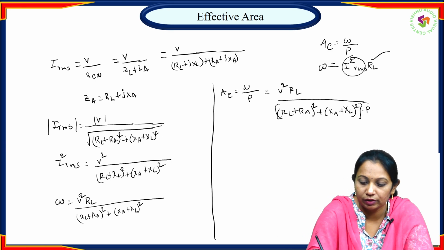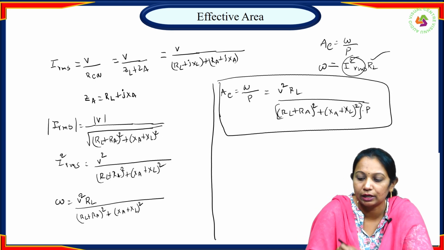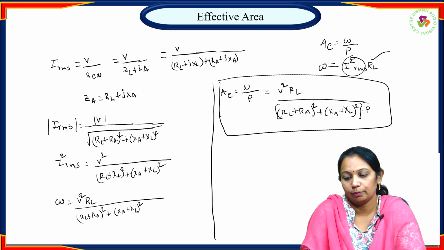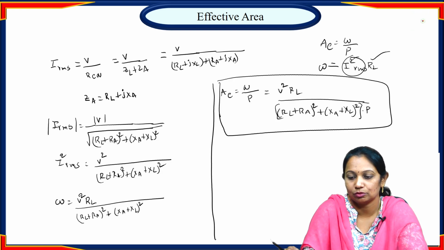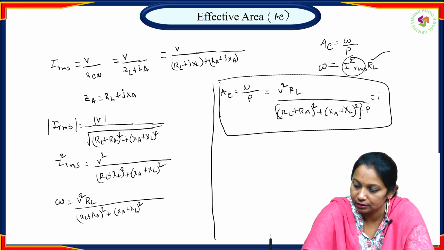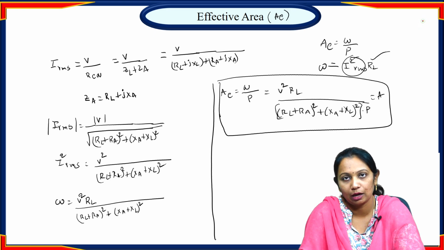This is the finalized expression for effective area, or capture area, or antenna area, so it is AE. In some textbooks or notations it can also be written as A.